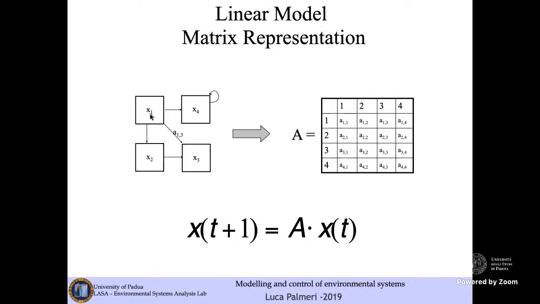We may describe interaction between the various state variables by introducing arrows linking, for example, state variable 1 to state variable 3. Please note that these arrows are oriented. This means that x1 is acting on x4, x1 is acting on x3, but x3 is not acting on x2, instead it is x2 that is acting on x3.